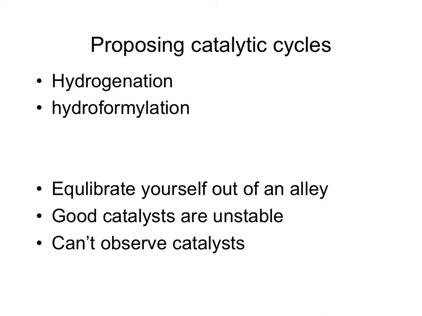Active catalysts often are at a lower electron count or a lower coordination number than what we might expect for a stable complex. And so we usually can't observe the catalysts that are doing the reaction. We have the pre-catalyst, what you dissolve in solution, that then turns into something else to do the chemical reaction.